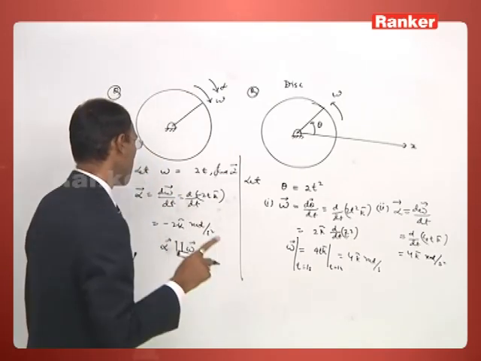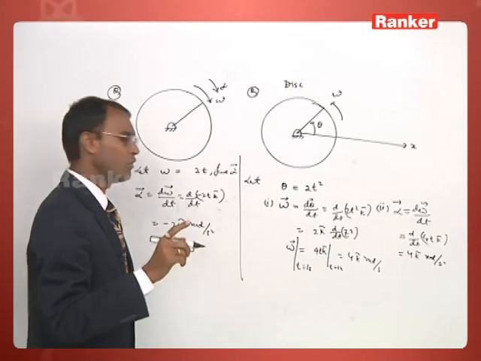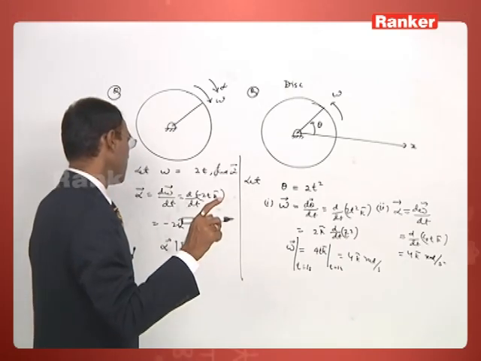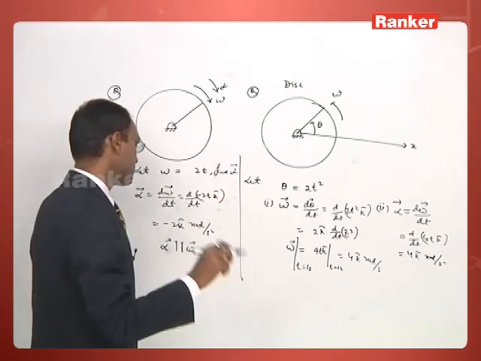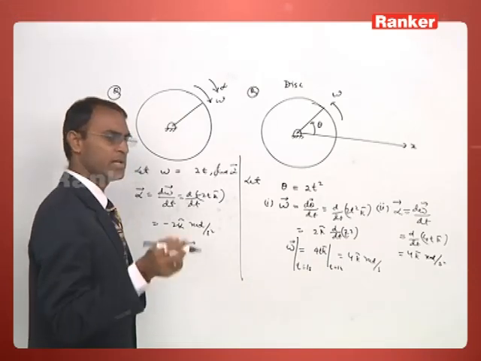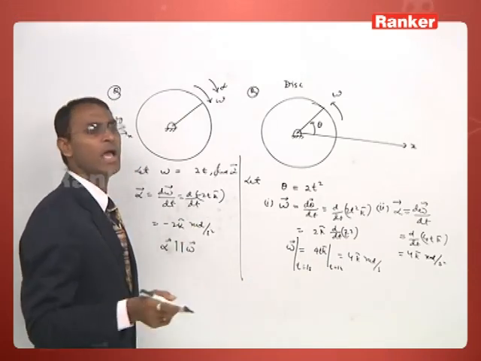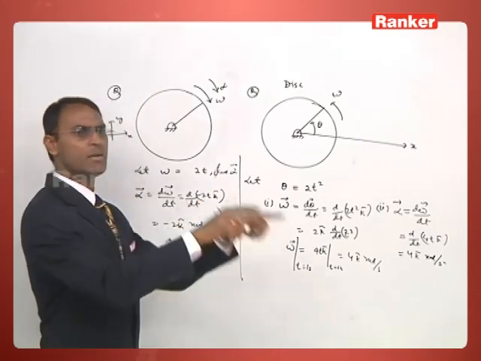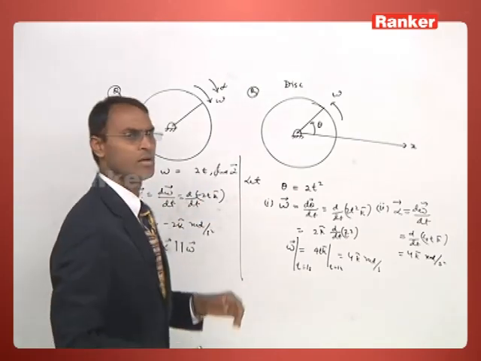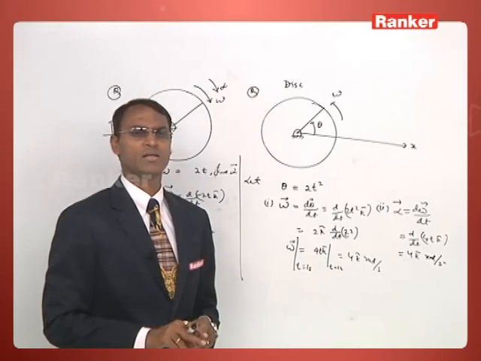Alpha and omega are parallel when omega increases or the angular speed increases. When the angular speed increases, the angular velocity and the angular acceleration are having same direction if the direction of angular velocity remains unchanged. Let us take another example.